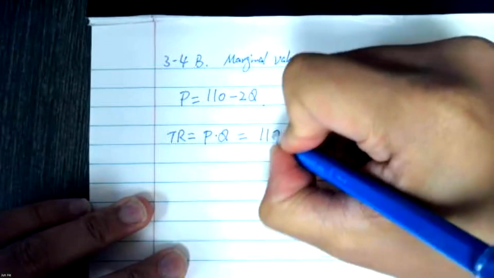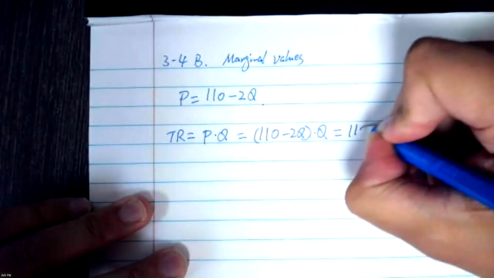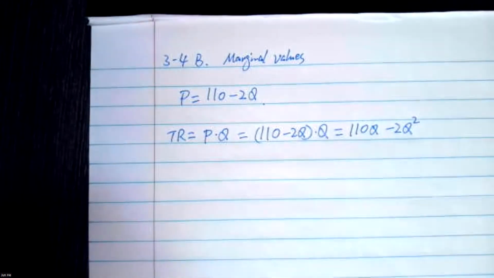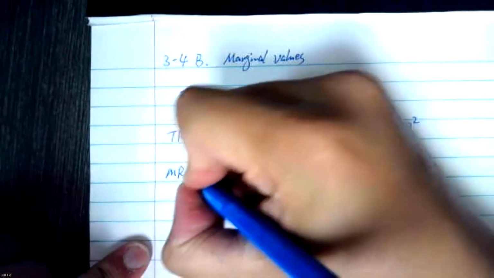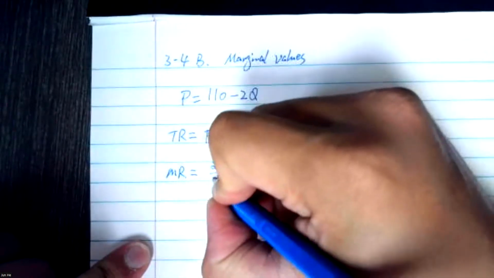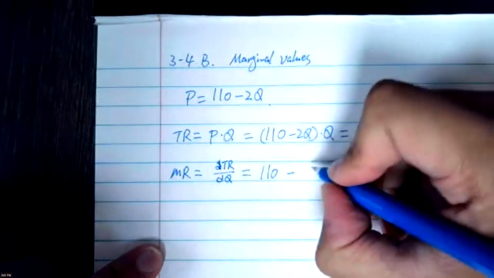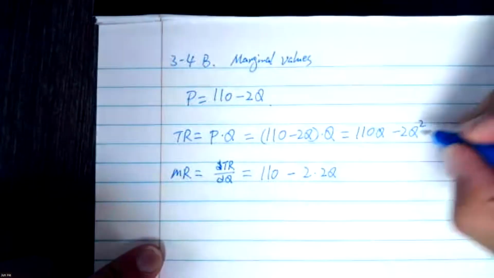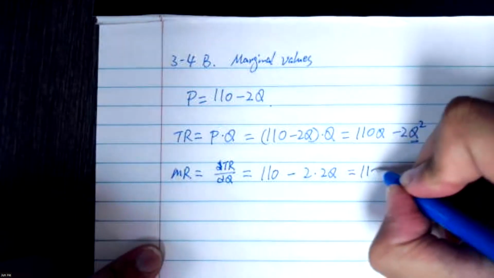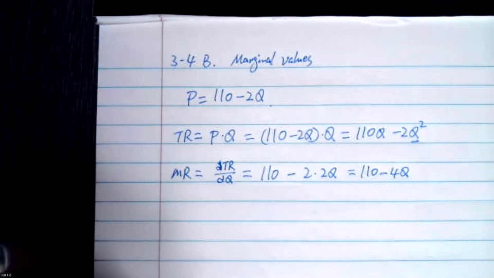That is 110 minus 2Q times Q, which is 110Q minus 2Q squared. And then marginal revenue is just the derivative of total revenue with respect to Q. So that is 110 minus 2 times 2Q, because the derivative of Q squared is 2Q. So it's 110 minus 4Q. So that is the marginal revenue.